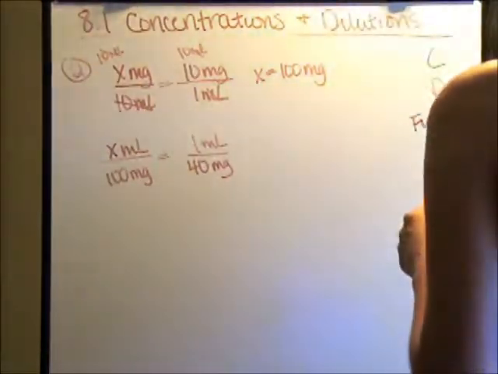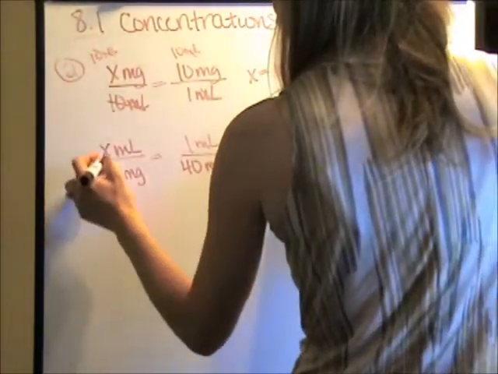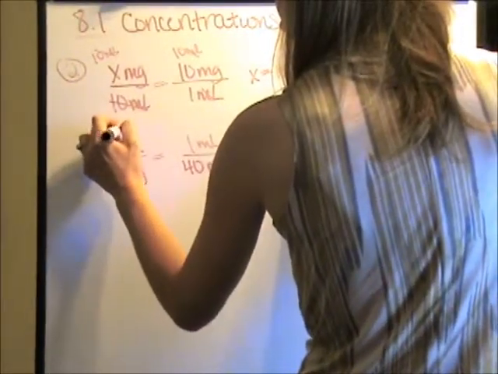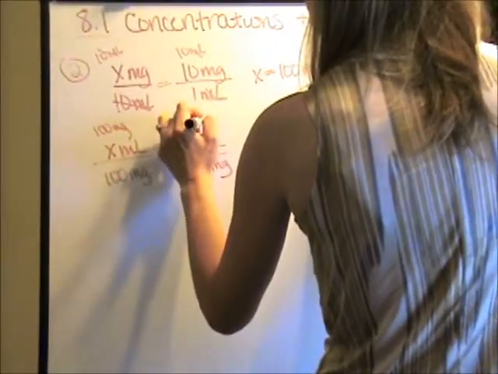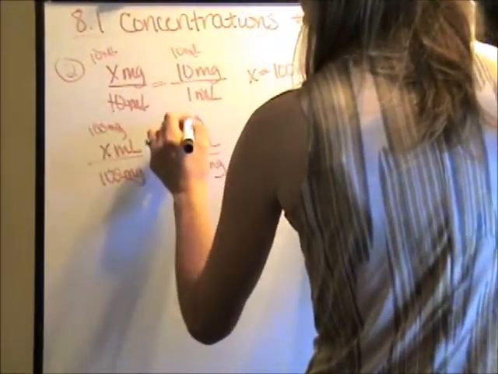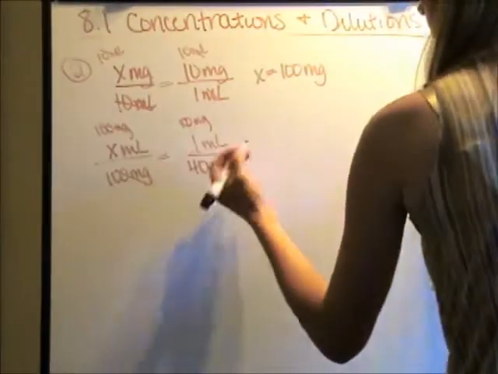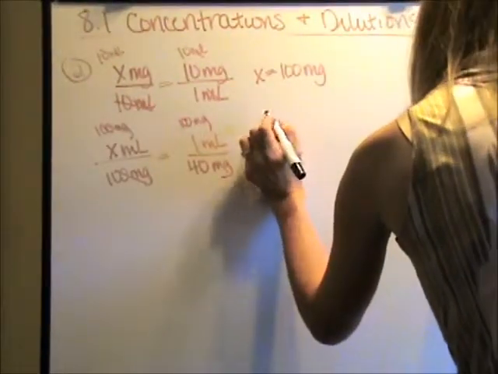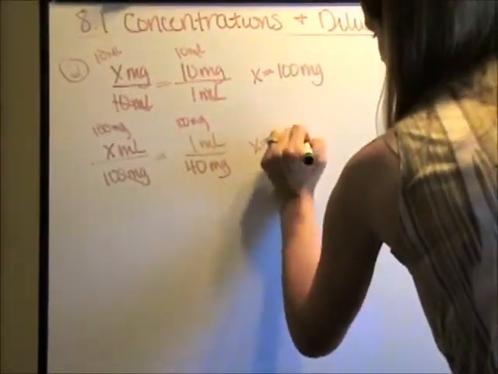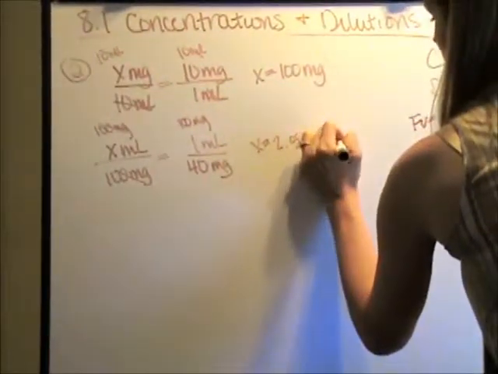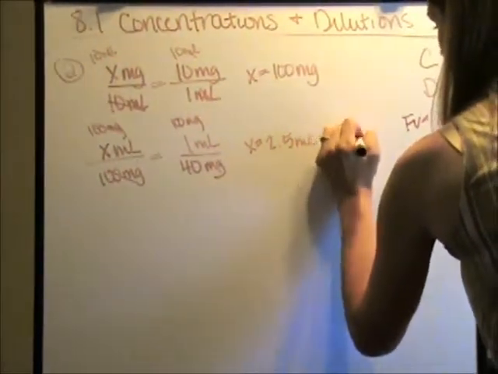And now we just need to solve for X. So 100 divided by 40, and that's going to give us 2.5 milliliters. So we know that that's how much concentrate we need.